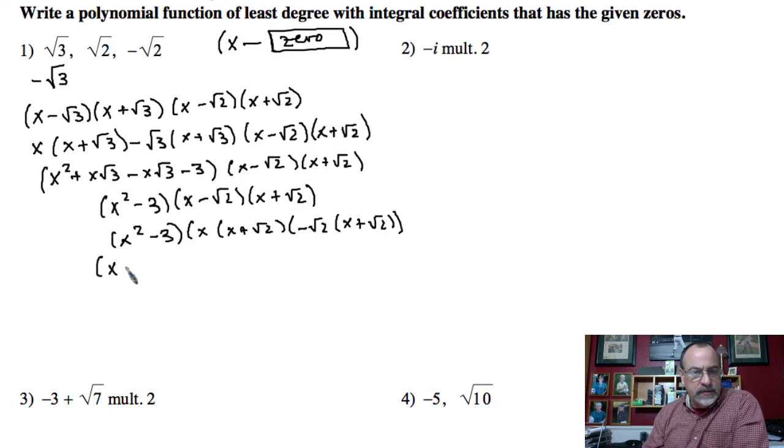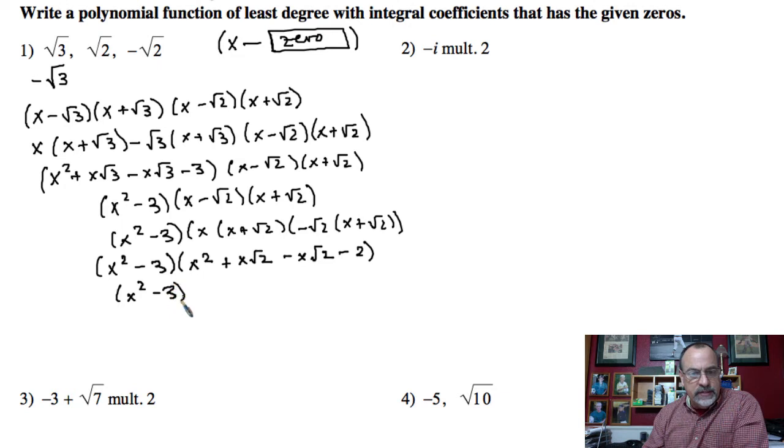And then I have this x times that, that's x squared. And then this x times that is x square root of 2, and then this is negative x square root of 2, and then this is a negative times a positive, negative, and a square root of 2 times square root of 2 is 2. Again, you'll see the square root goes away.